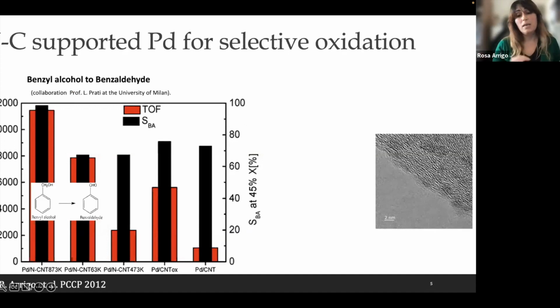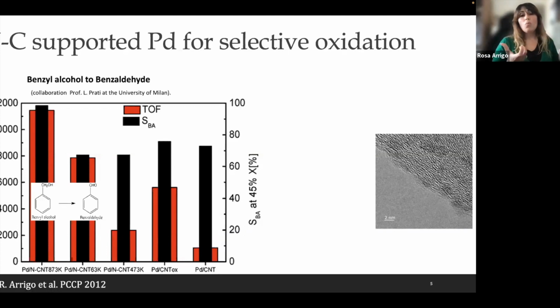As you can see, the surface chemistry of the starting carbon nanotube support has a strong influence on the reactivity of the palladium nanoparticles immobilized on top of it. Particularly, we see that the nitrogen post-functionalization of the support at 873 Kelvin has a beneficial effect compared with the same treatment at 673 and 473 Kelvin, and the oxidized starting material.